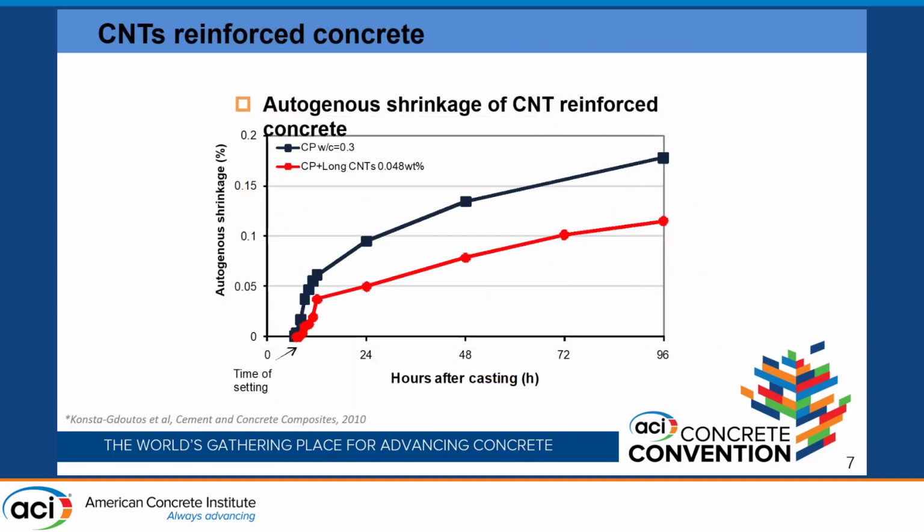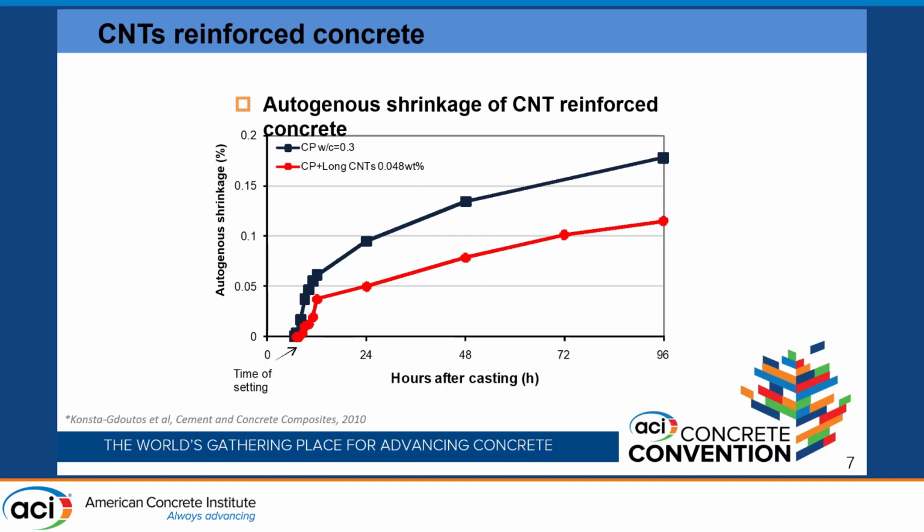Similarly, we also observe that not only the mechanical, but some transport property related aspects are substantially improved. For example, here for very low water to cement ratio, we have shown the autogenous shrinkage, and you can see the amount of CNT here is 0.048%.